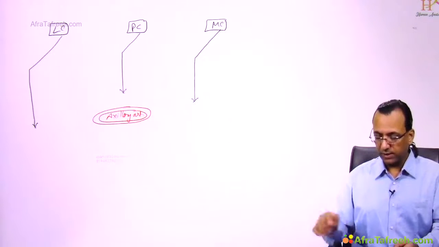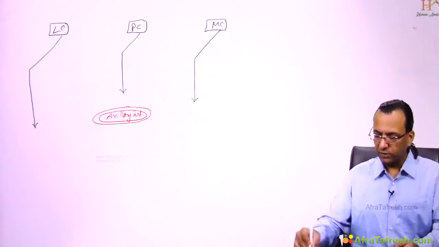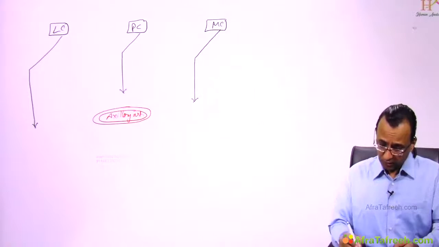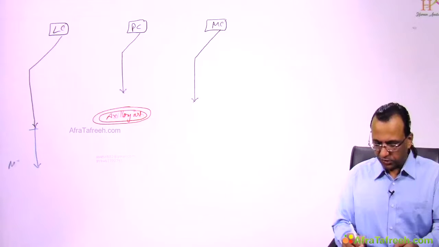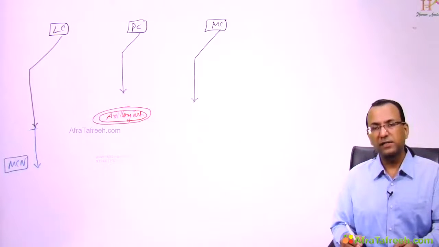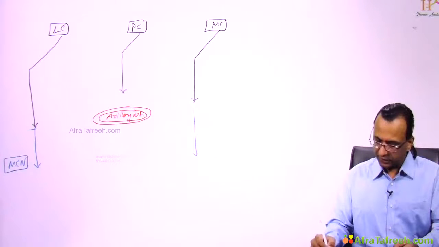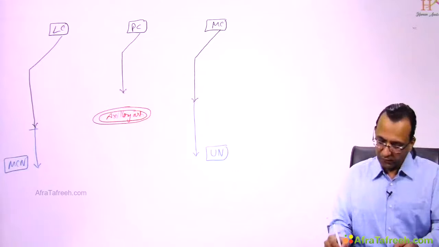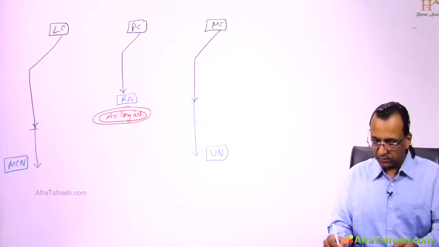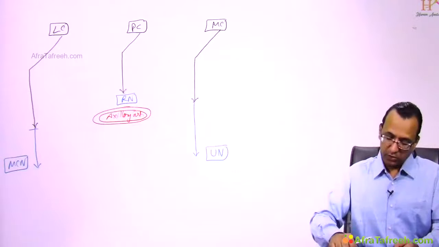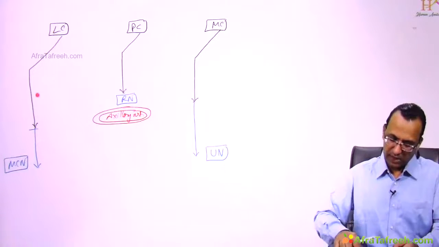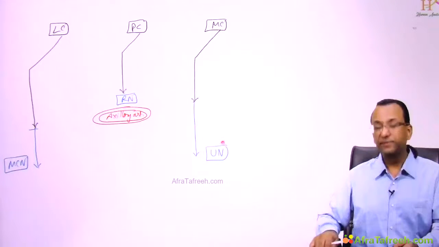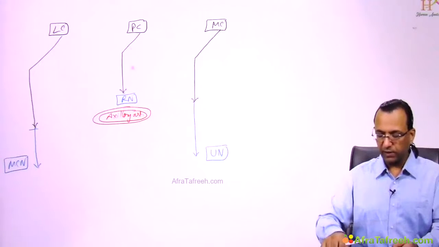And then what is the continuation? The lateral cord is continuing as the musculocutaneous nerve in the axilla, the medial cord is continuing as the ulnar nerve, and the posterior cord will be continuing as the radial nerve.